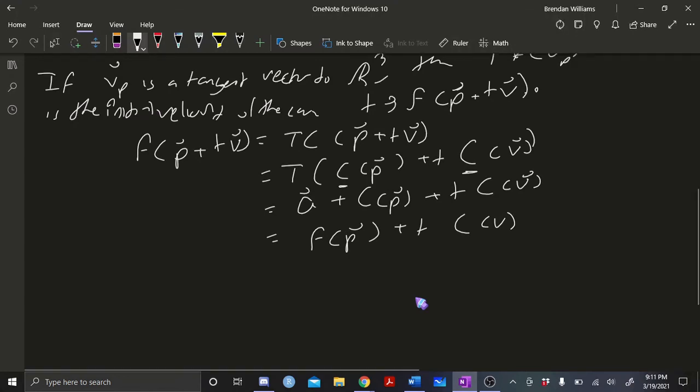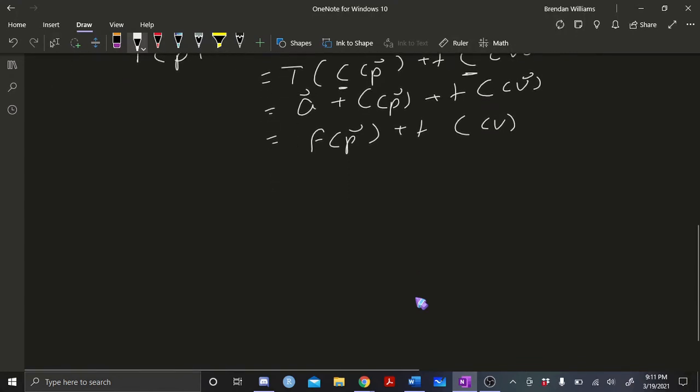Okay, and finally, this is equal to Cv at the point f of p. And this is by definition. So that completes this proof.